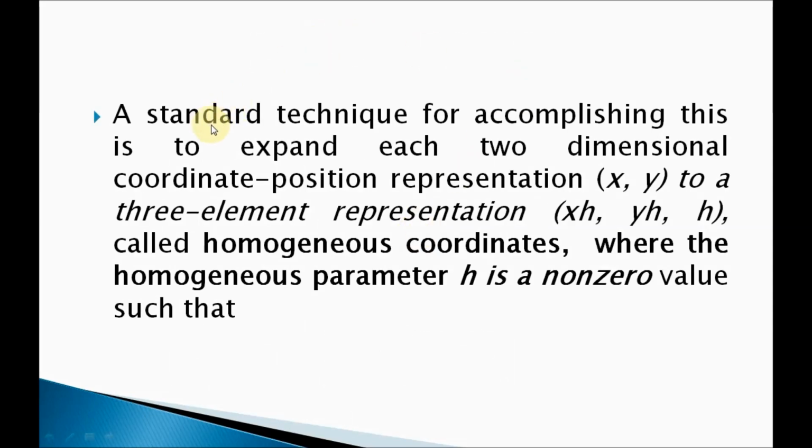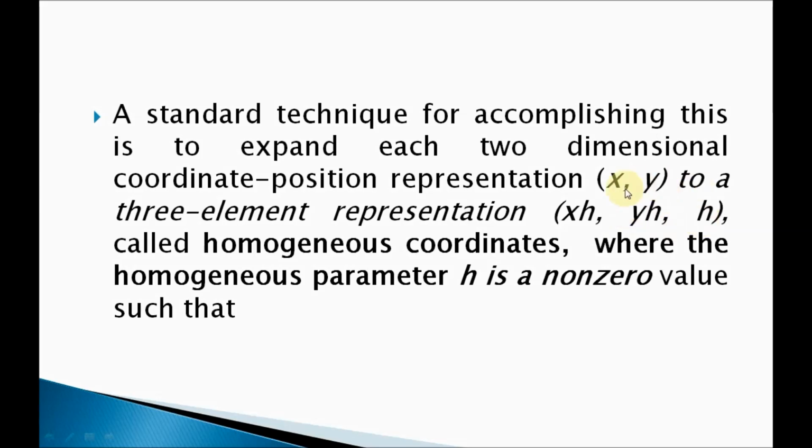In simple words, the homogeneous coordinate technique means you are going to represent your coordinate information differently. For example, here how many coordinates are you seeing? 2 coordinates, x, y, for a particular object. You can represent this x comma y as xh comma yh comma h.